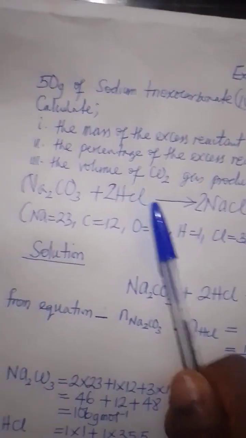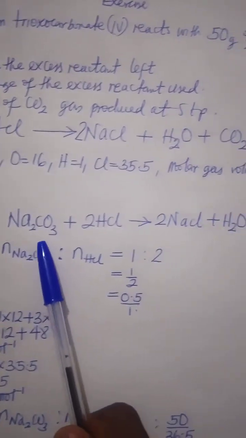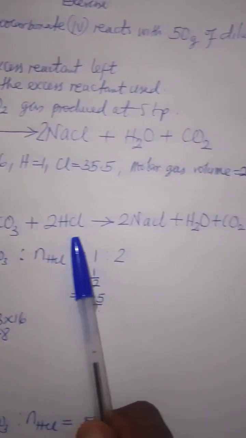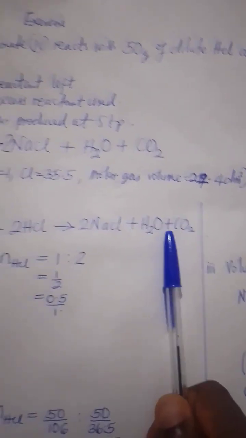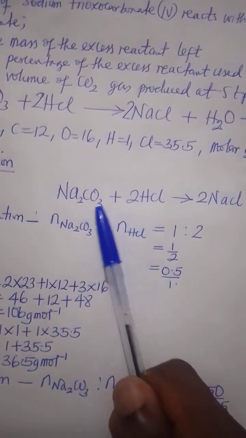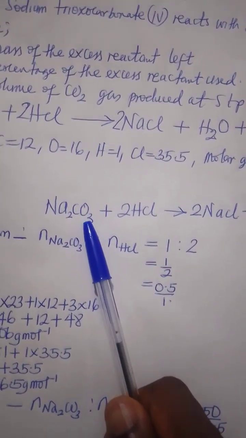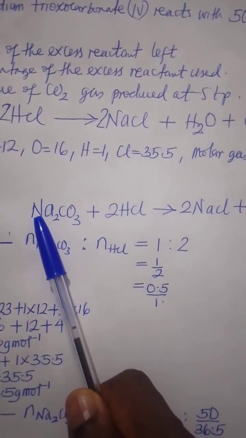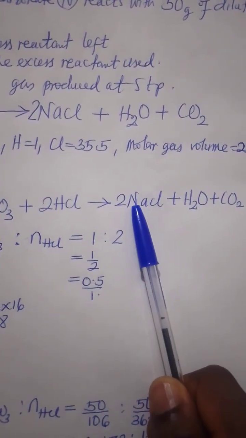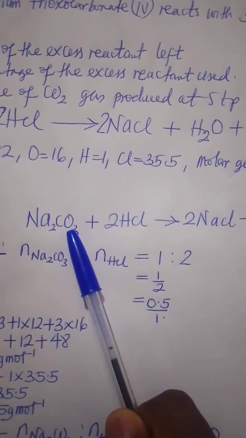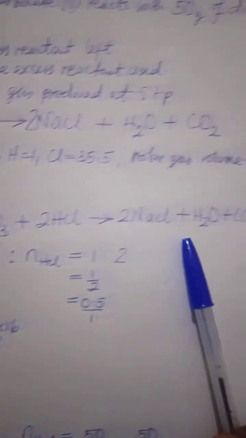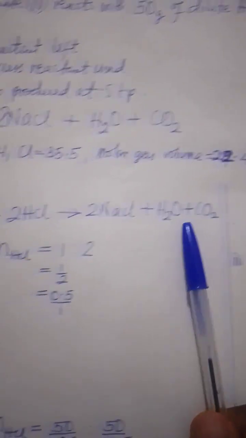How do we do that? You write the equation of reaction as it is given to you, and you will also ascertain that the equation is balanced. It must be balanced. Looking at it, you will have two atoms of sodium here. We have one atom of carbon, one atom of carbon.